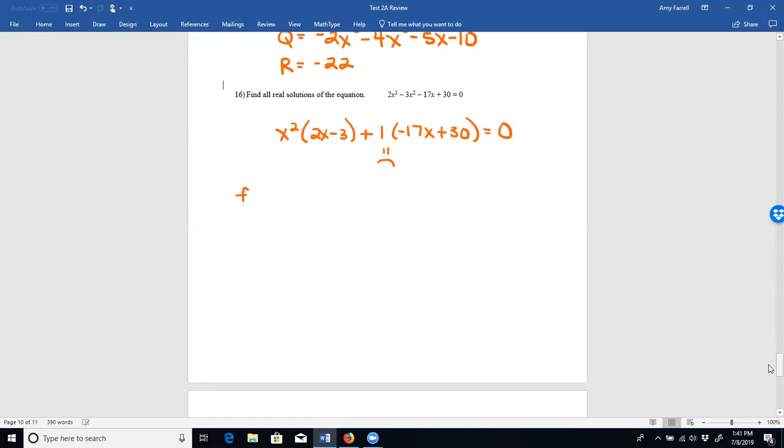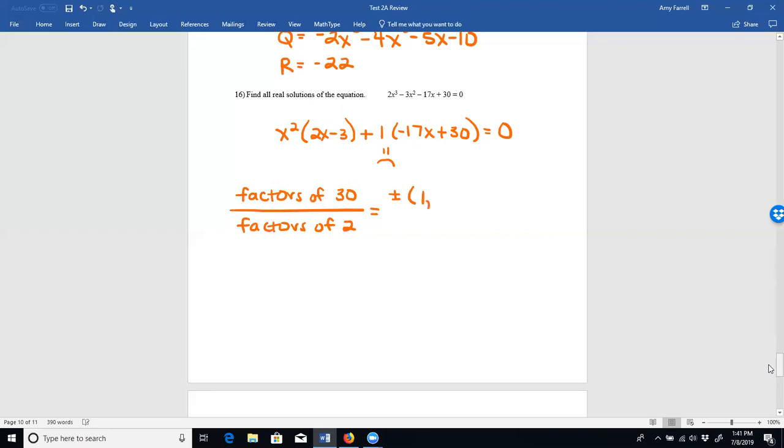We're going to put factors of 30 on top, and we're going to put factors of 2 on bottom. Factors of 30 are, we do use a plus or minus symbol because to get 30, we could multiply, for example, +2 and +15, but you could also multiply -2 and -15.